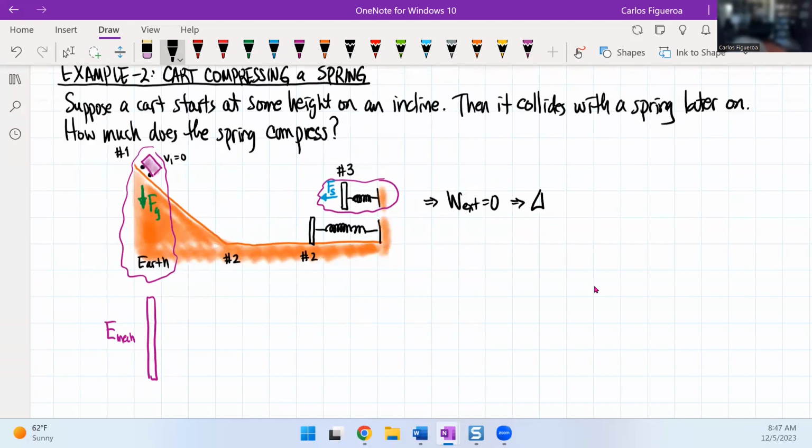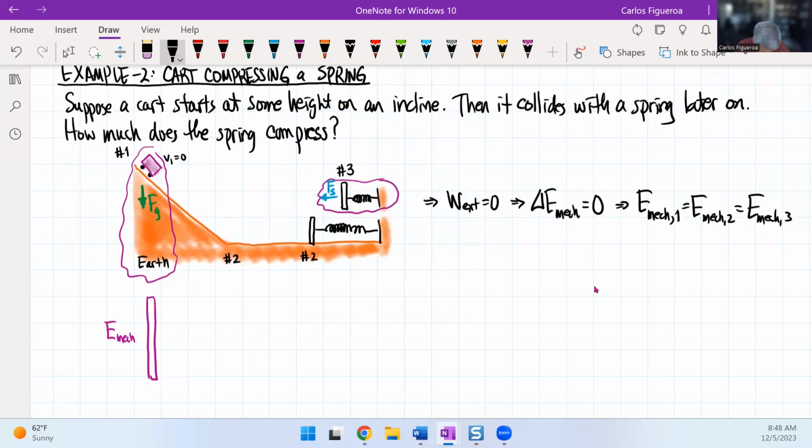Therefore, the change in mechanical energy has to be 0, which then means the mechanical energy at any state, no matter how many states I have, has to be the same, no matter what state I'm looking at.